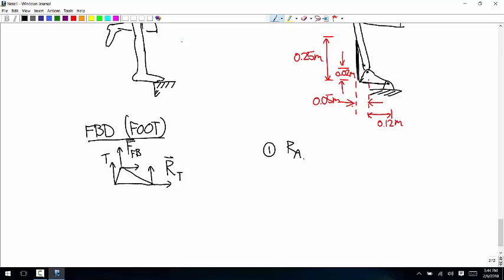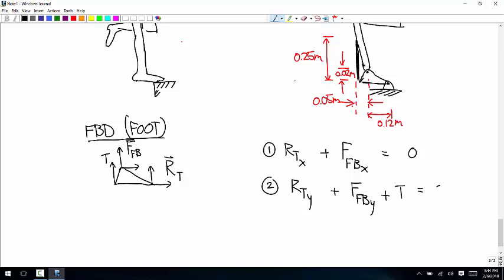RT x component plus the force on the foot by the body x component is equal to 0. That's the x component of Newton's second law. The y component of Newton's second law is RTY plus force on the foot by the body y plus T is equal to 0.